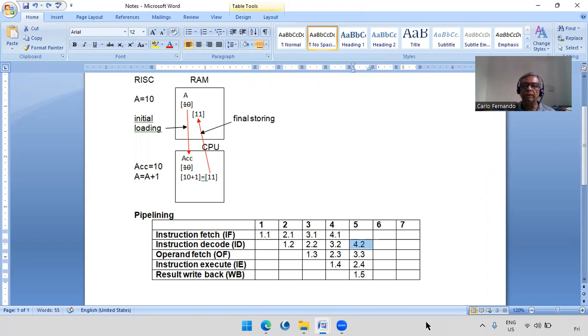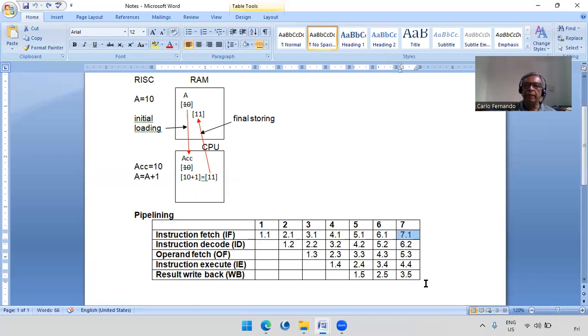These are all advancing one stage. Then it vanishes. 1.5 is finished now. Then the second instruction is finished. For the third instruction, the last stage has come. And likewise, each one is advancing.